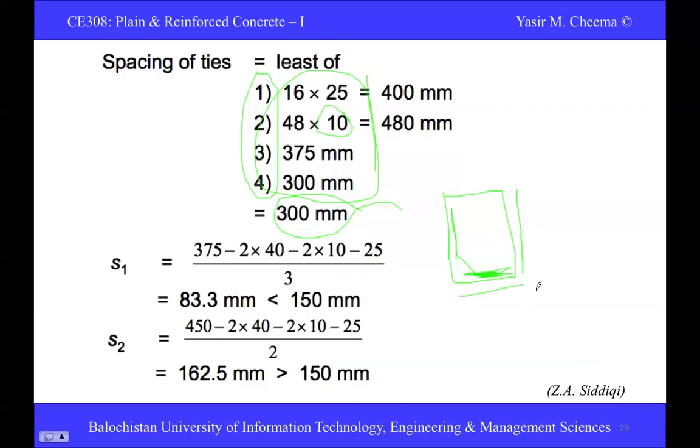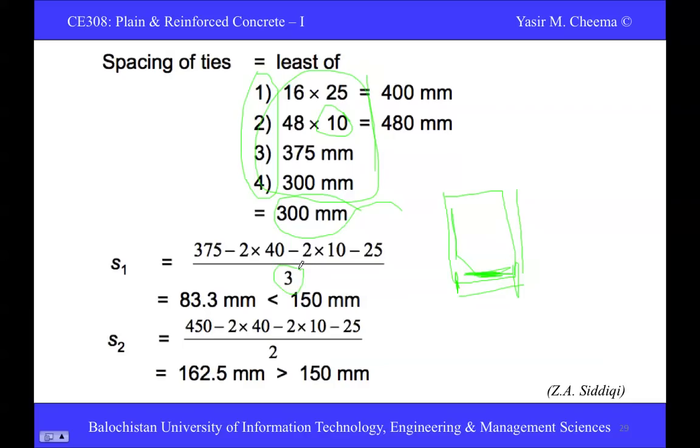So S1 is how much? 375 is the total dimension, then minus 2 times the clear cover from this side and from this side. Clear? Then we subtract 2 times the diameter of the stirrups or the tie, and again we subtract the diameter of the main longitudinal steel reinforcement, and we divide it by 3. Why divide by 3?